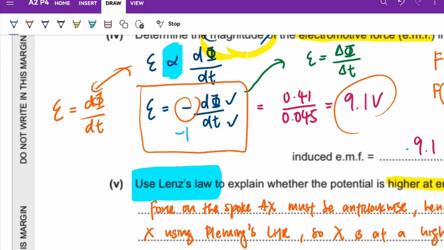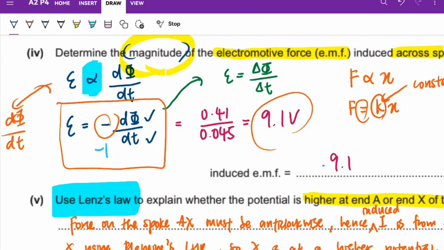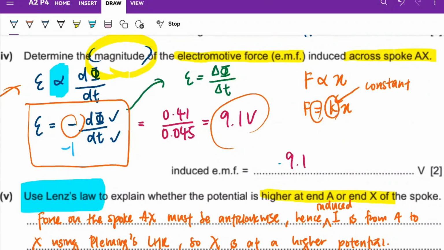In this case, our -1 is the constant here. So I understand if you don't want to write it in your final answer because they say it's a magnitude. But when writing the formula, I believe the correct way is to put the negative. But in the final answer there's no need, because they ask for magnitude only, so you can ignore it, no problem. But I checked the mark scheme and they did not write negative.